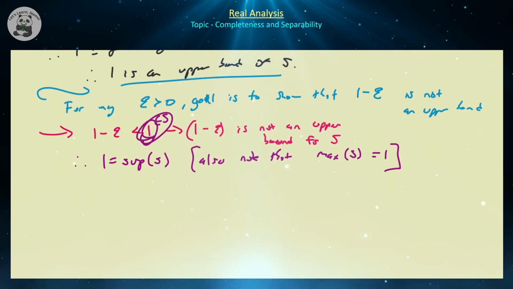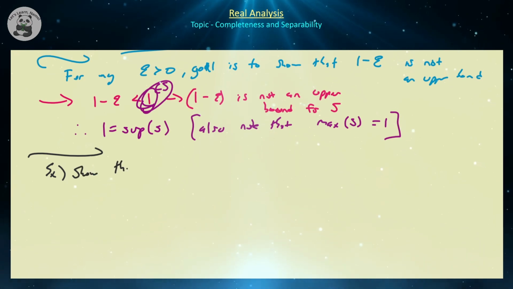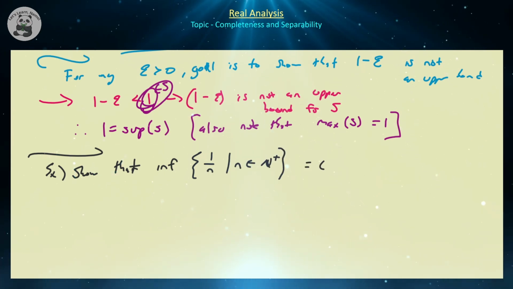So one could, in some sense, say that if you have a maximum and it exists, and obviously it is unique, then that indeed is the supremum of that set, right? Another little exercise that I just want to leave for you is to show that the infimum of this set, 1 over n, where n is in the set of positive natural numbers, is equal to 0.